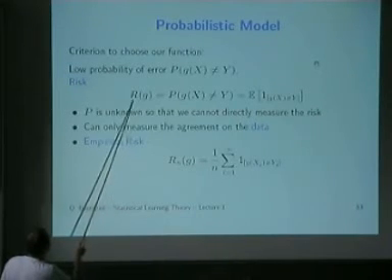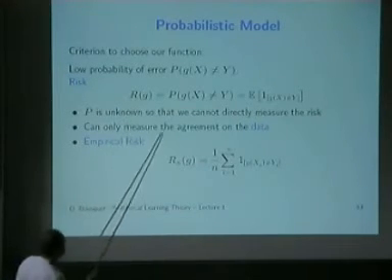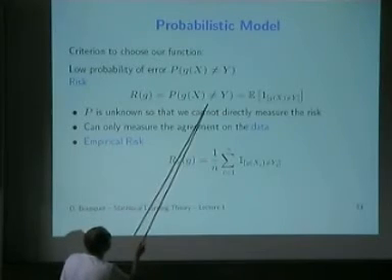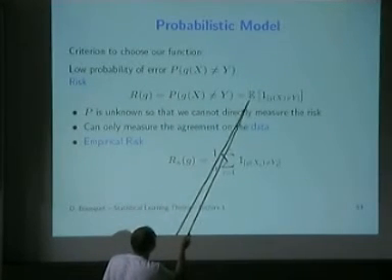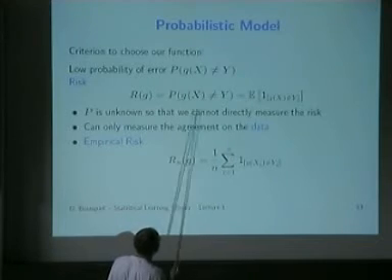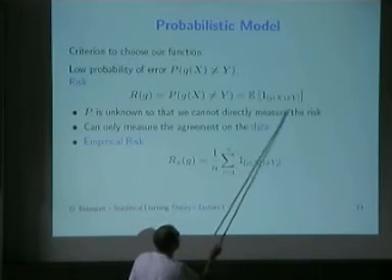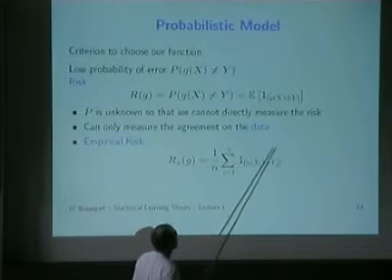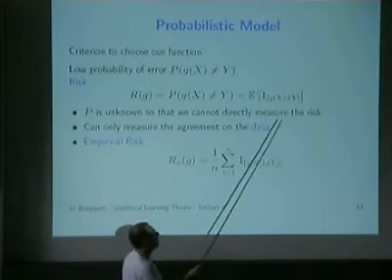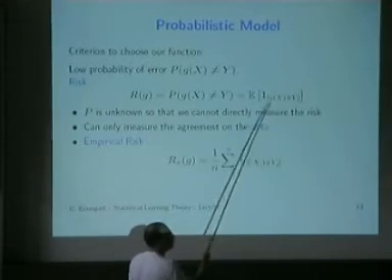We call the risk R of g, of the function g, the probability of mistake, and we can also write it in this way: the expectation, so this means expectation under this distribution P, of this function here, which is the indicator function of g(x) different from y. So this is a function that is equal to 1 when this is true, and equal to 0 otherwise.